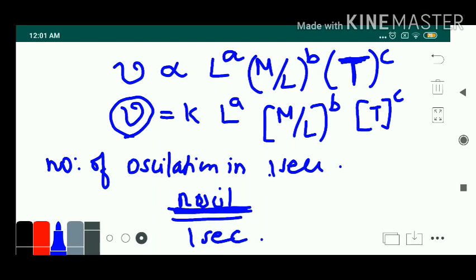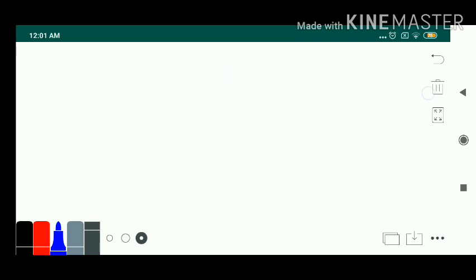No. But 1 second has a dimension. So 1 by T is the dimension of frequency, that is, T raised to minus 1, guys. So I am going to write on the left hand side T raised to minus 1.